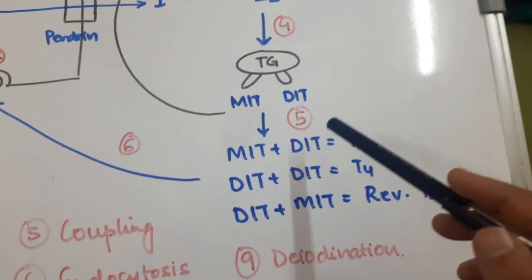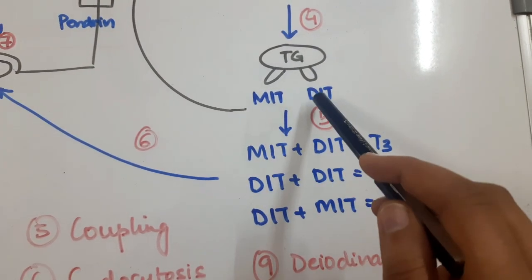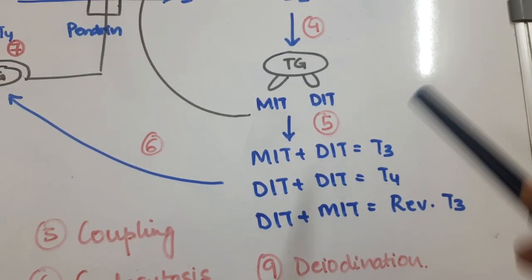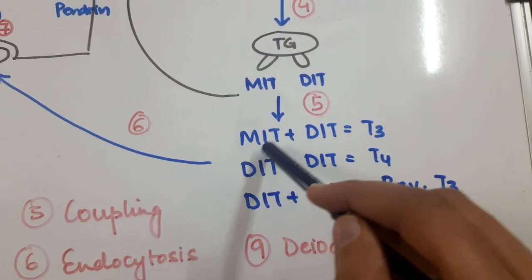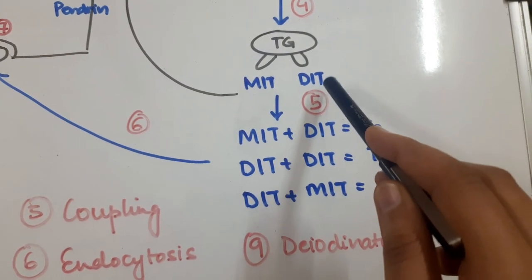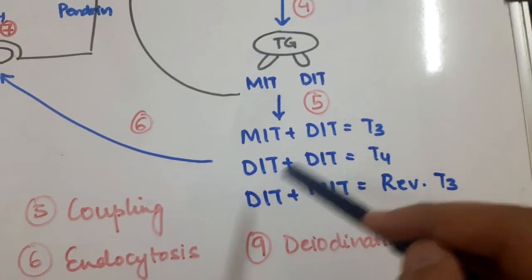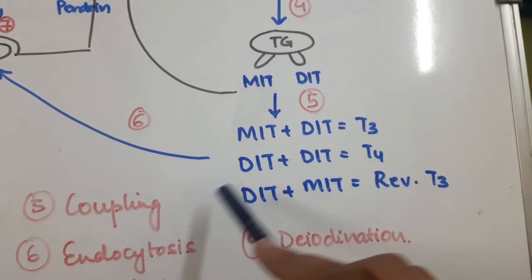Fifth step is coupling. Coupling is where this monoiodotyrosine and diiodotyrosine combine to form the various thyroid hormones. So monoiodotyrosine or MIT will combine with DIT or diiodotyrosine to form T3. Okay, so MIT plus DIT gives you T3.